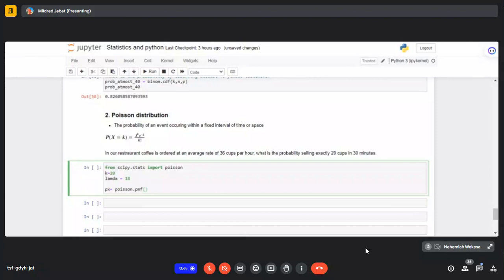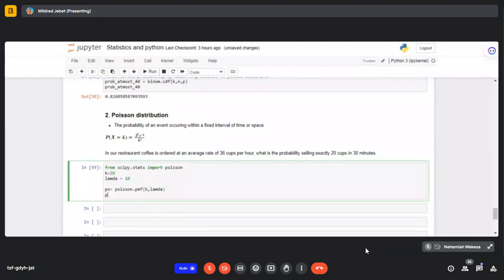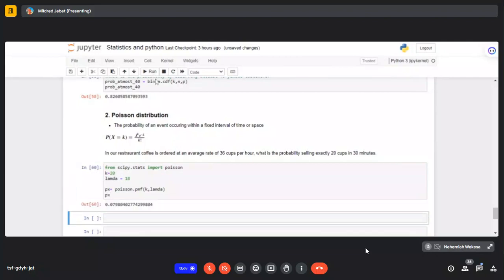Then we provide the parameters K and lambda.